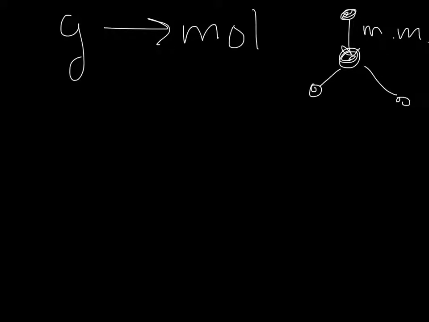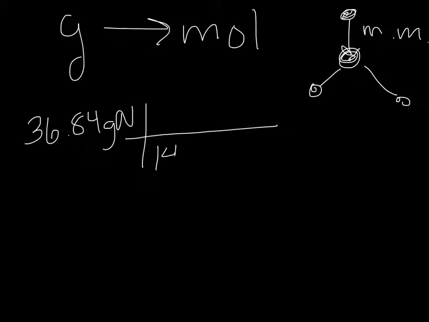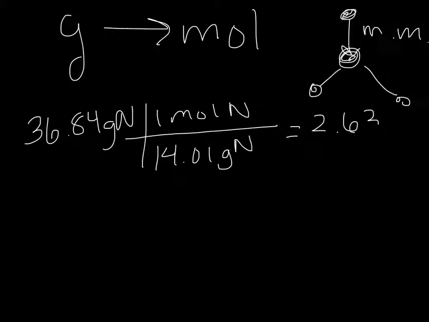So I start by converting my 36.84 grams of nitrogen. Make my chart. There's 14.01 grams of nitrogen for every 1 mole of nitrogen, and that gives me 2.63 moles of nitrogen.